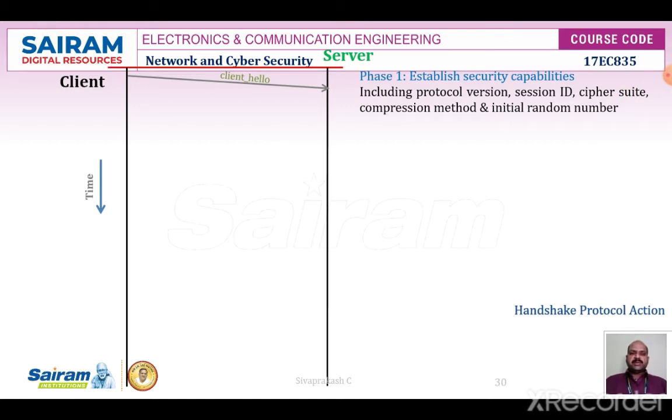What do we mean by version here? The highest SSL version understood by the client is used as the version. We have already seen that we use version 3, major version 3 and minor version 0.